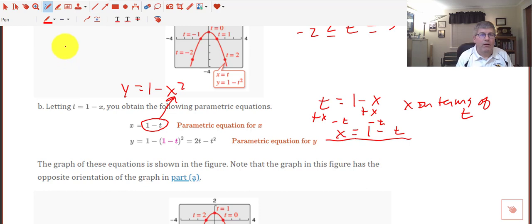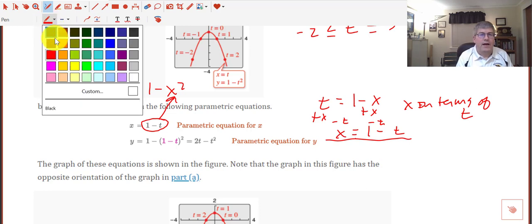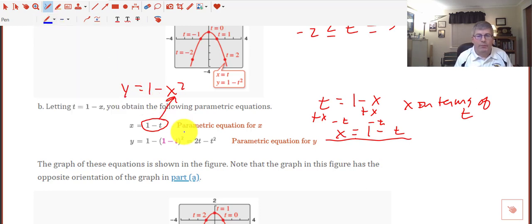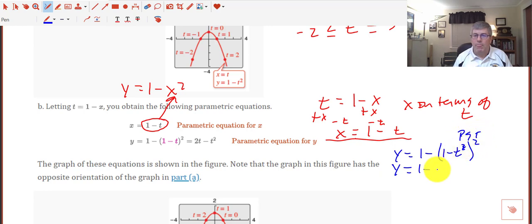I'm going to rewrite that over here on the right hand side because we have to be careful with the squared. We have to do PEMDAS, we've got to square that first. So y equals 1 minus, oops, put my squared in the wrong place. There we go. So 1 minus t squared is a perfect square trinomial.